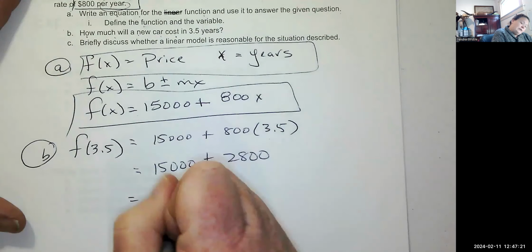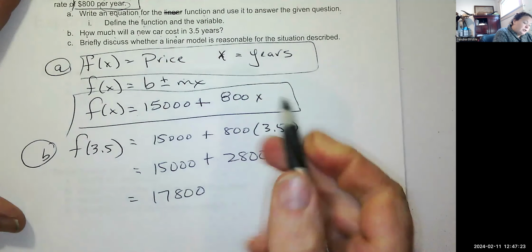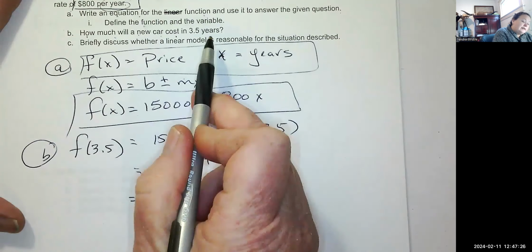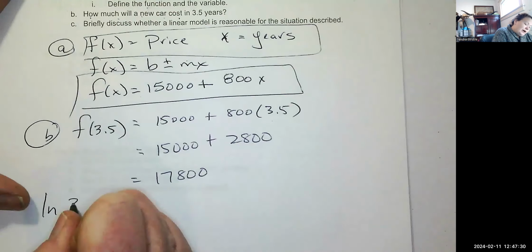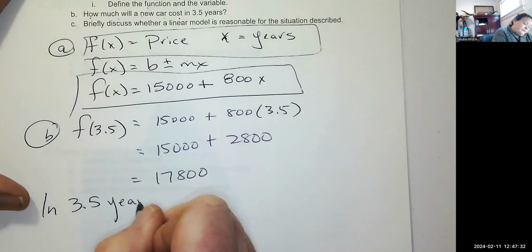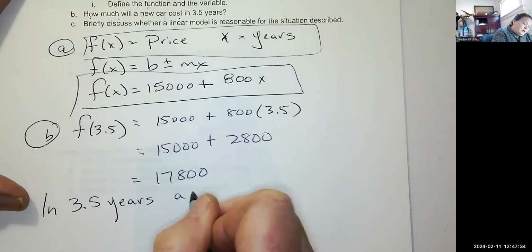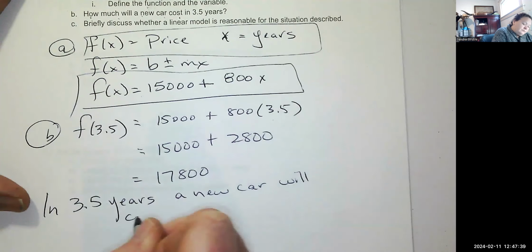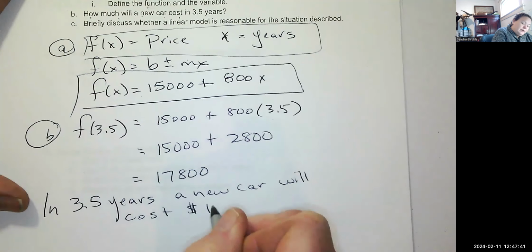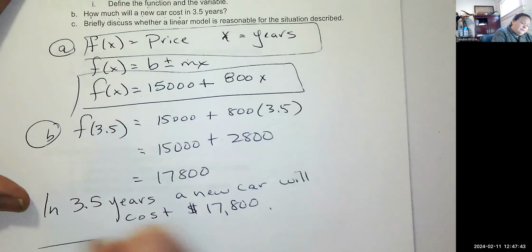And that is 17,800. So in 3.5 years, a new car will cost, do not forget your dollar sign, $17,800.